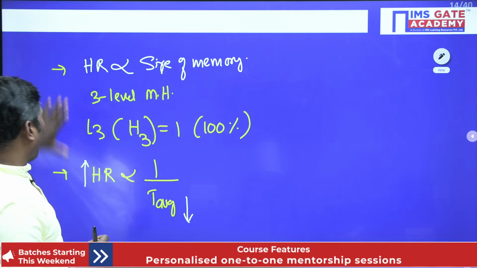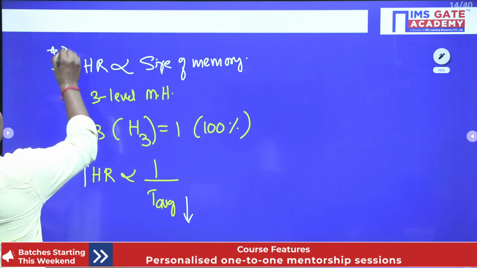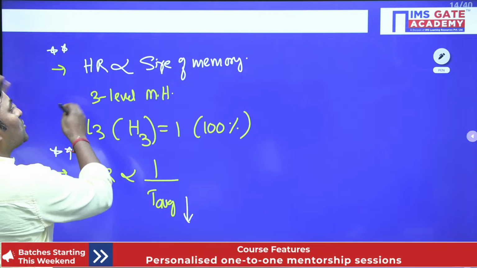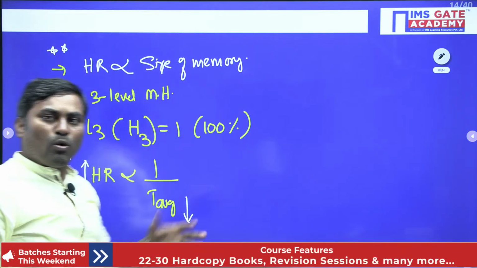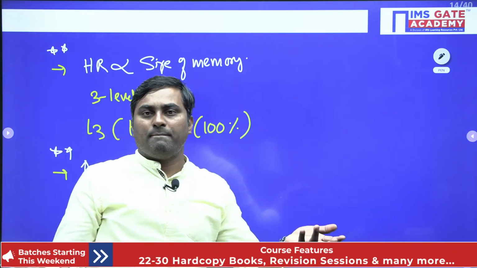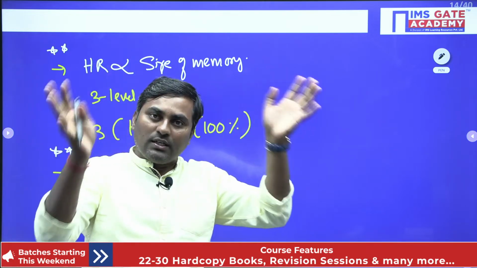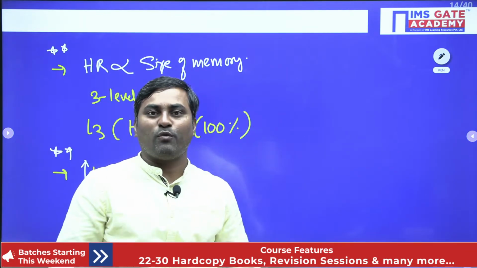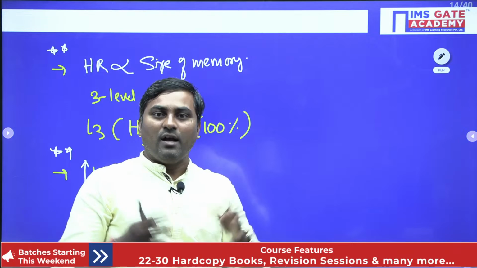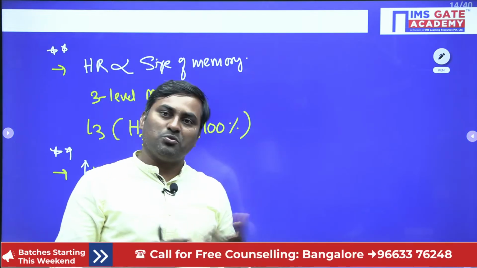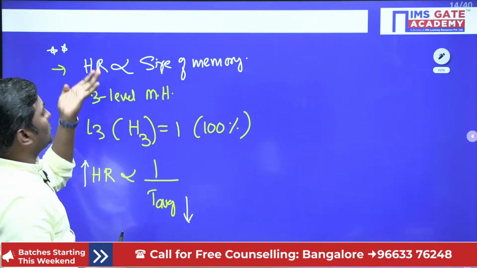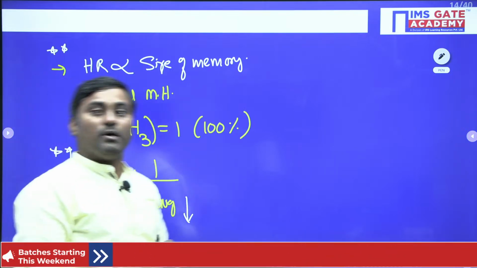I said 2 important points you have to note: the hit ratio is directly proportional to the size of the memory, so more the size, more the hit ratio. When the hit ratio is more, total average access time reduces. That's what we want to do with the memory hierarchy. We want to reduce average access time, which is only possible when the hit ratio is high.